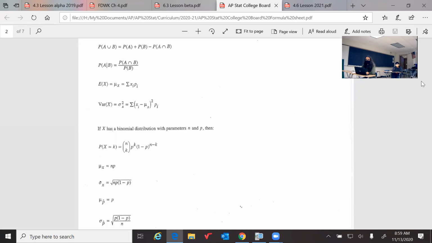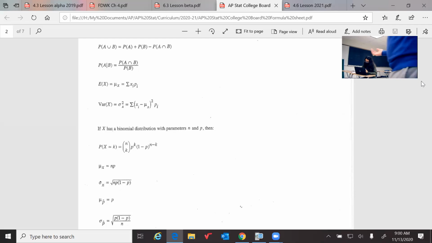The sum of how far each term is from the mean, and they're using mu there because it's a probability distribution, so the sum of the probabilities has to be 1, so you have everything accounted for. Square that and multiply by the probability of that event occurring, and then to get the standard deviation, you would take the square root of this. So there's 2 different ones. And today you're getting a third different one.